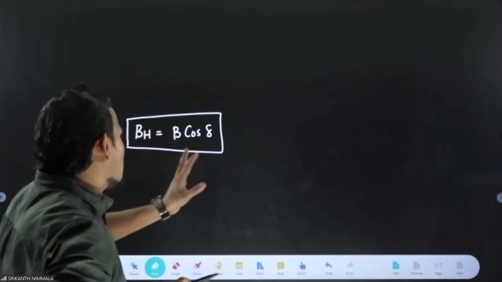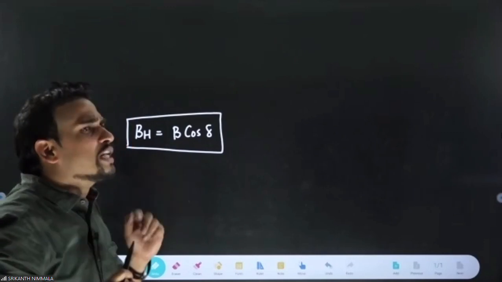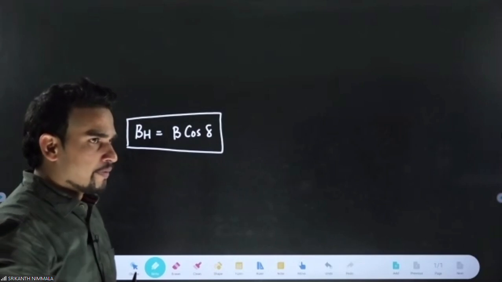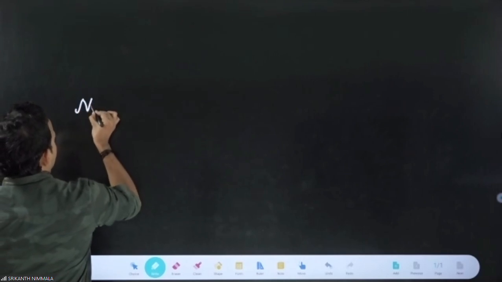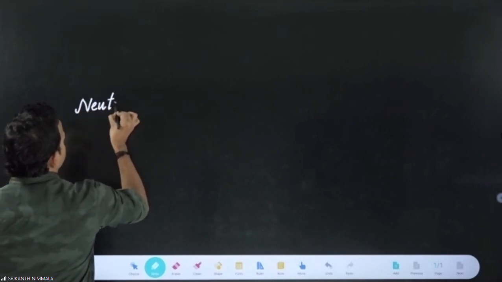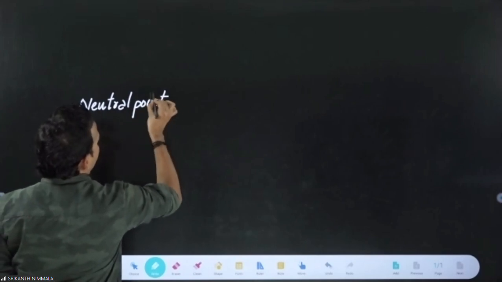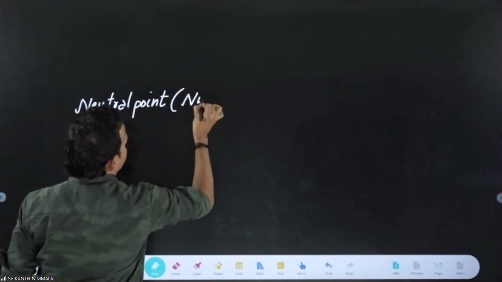So this is how we talk about this point. And from here, one question is asked. I am interested in that question. You write this part: neutral point, in bracket null point. Null point is also known as neutral point.